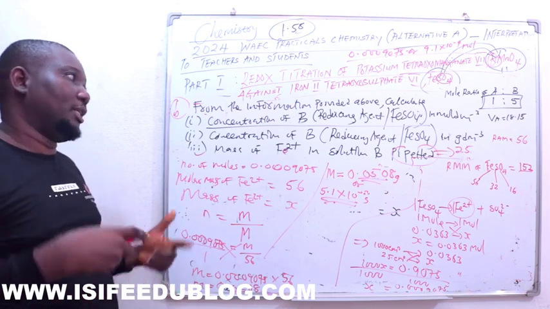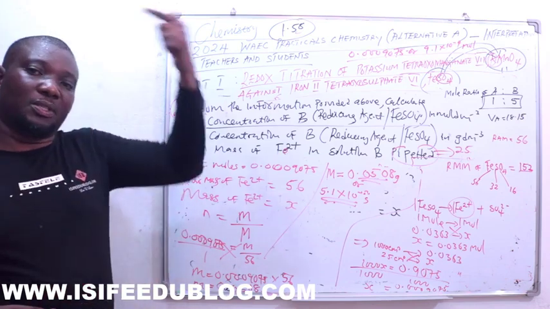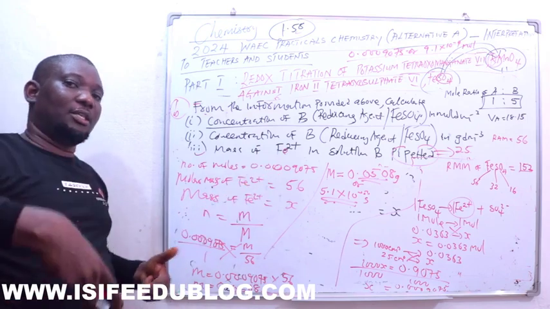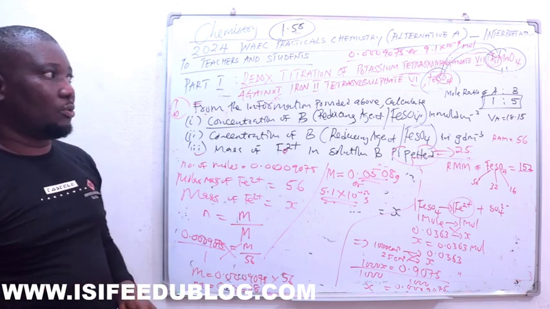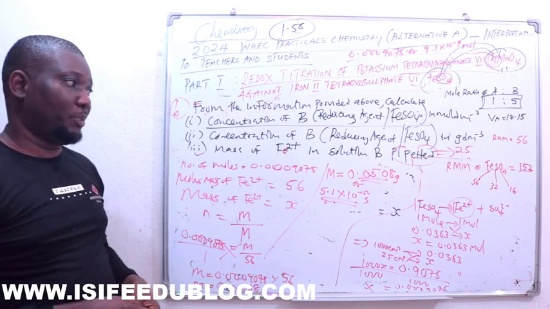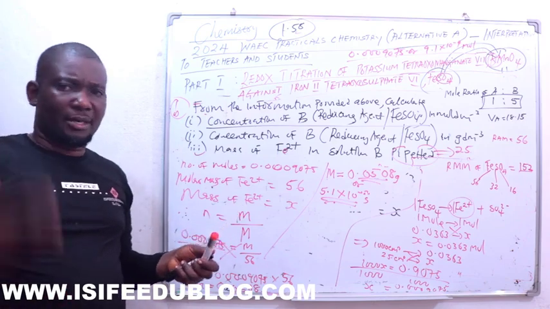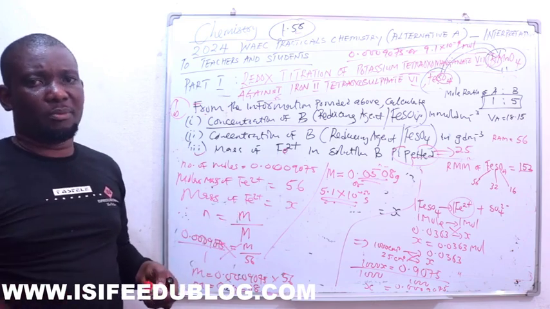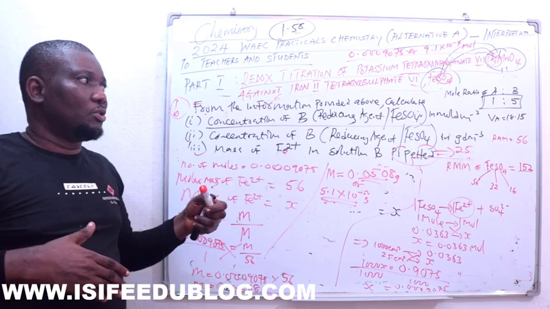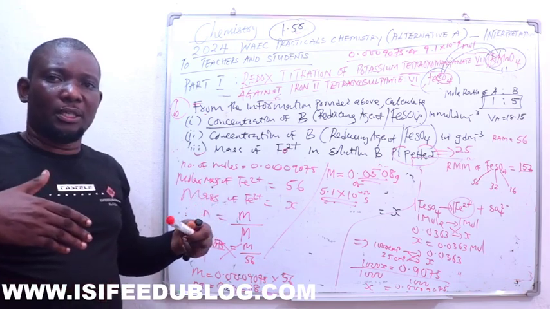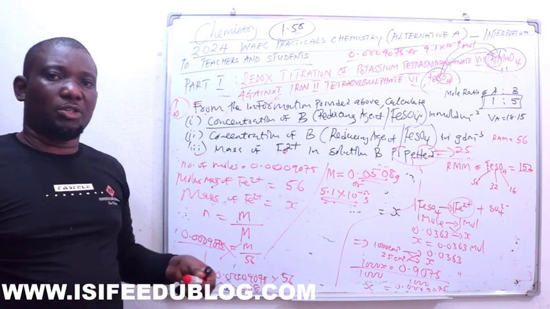Maybe on that day, they may not give you the concentration of the oxidizing agent, and they give the concentration of the reducing agent instead. Supposing that in that particular question they give you the concentration in gram per dm cubed, or the reactive mass in gram, for the two redox reactants A and B, concentration is not given.